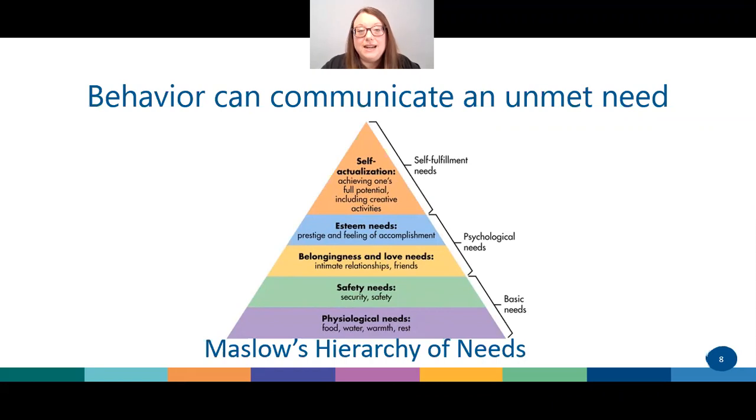But not only do we have particular needs, often these needs need to be met in a particular order. First come our basic human needs, things like our physiological needs.